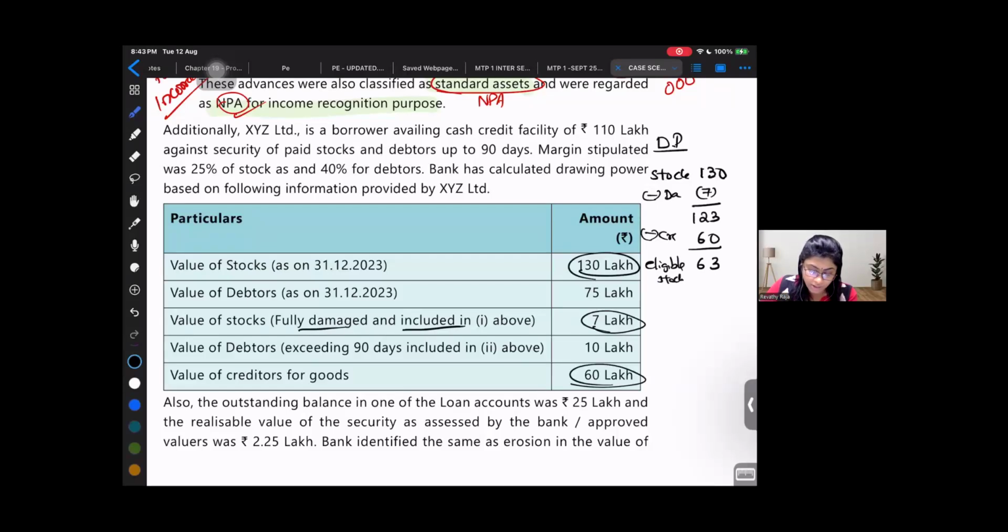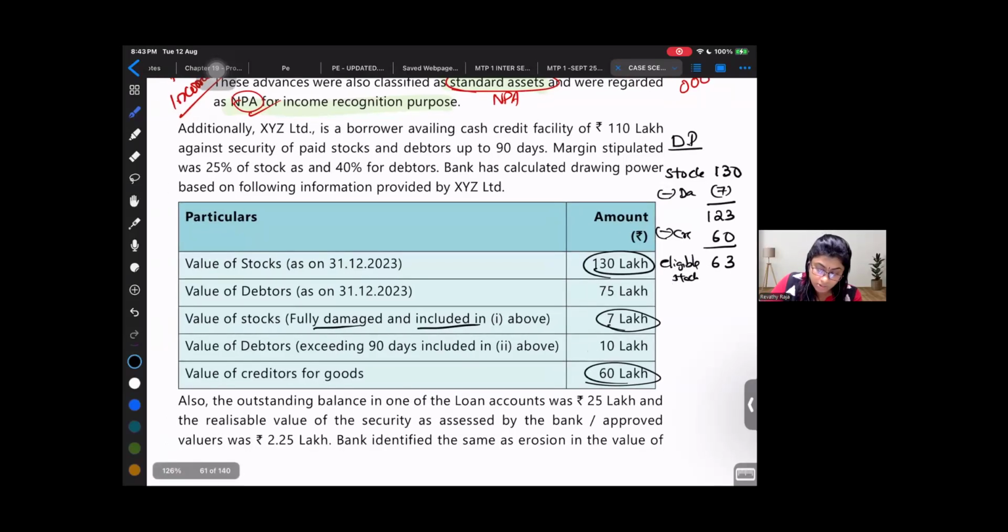Now margin. How much is the margin? 25%. Can someone calculate 63, 25%, please? I'm blindly believing you, 15.75. Minus, 47.25. That is the stock drawing power.